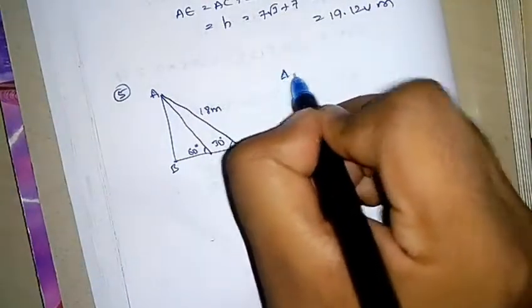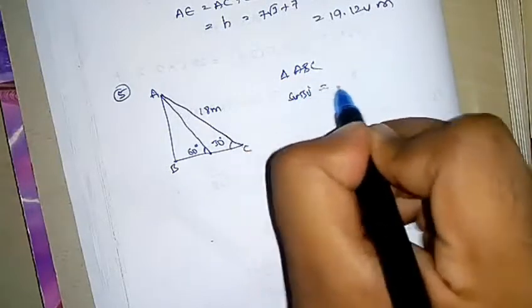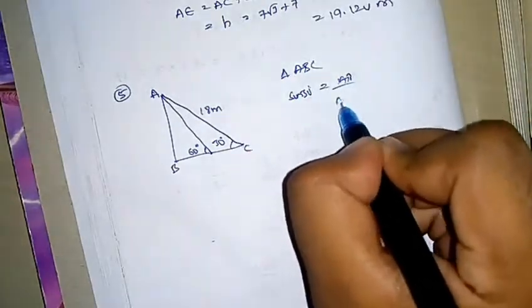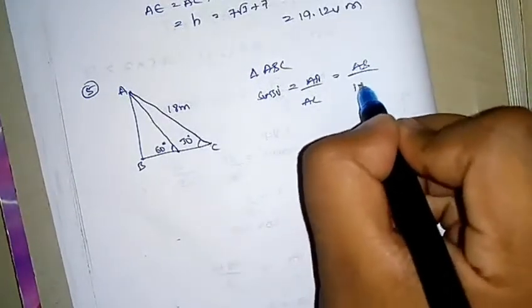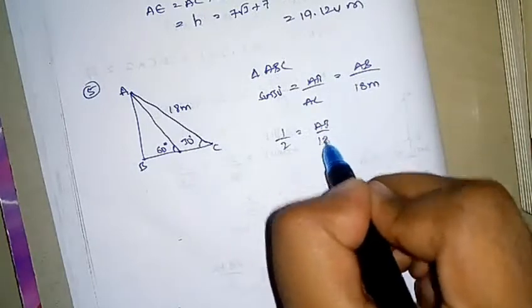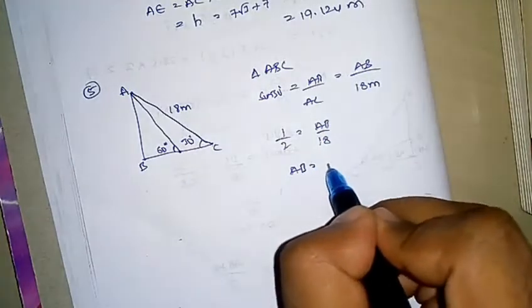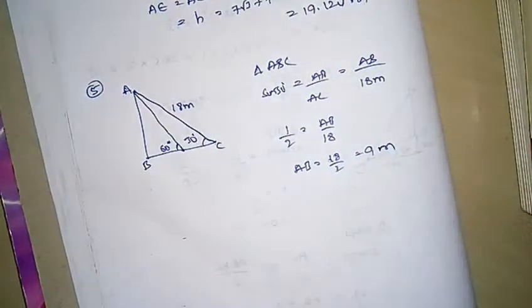So now in triangle ABC, sin 30 degrees is equal to AB by AC, which is equal to AB by 18 meters. Sin 30 is 1 by 2 is equal to AB by 18. So AB is equal to 18 by 2 is equal to 9 meters.